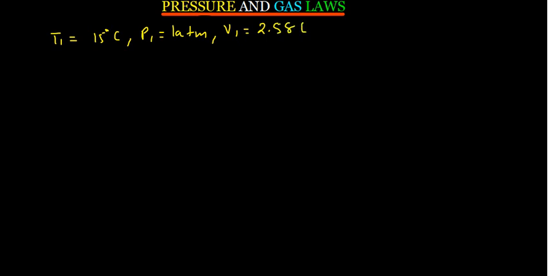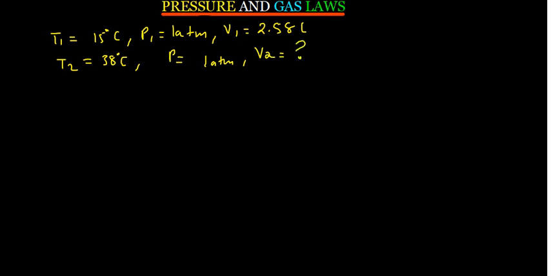What volume will the gas occupy if the temperature, T2, is now 38 degrees Celsius and the pressure is still 1 atmosphere? I want to find out the volume it is going to occupy.